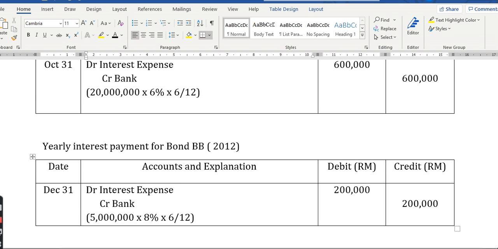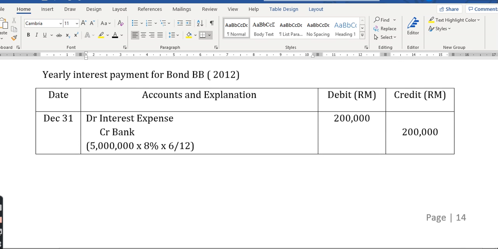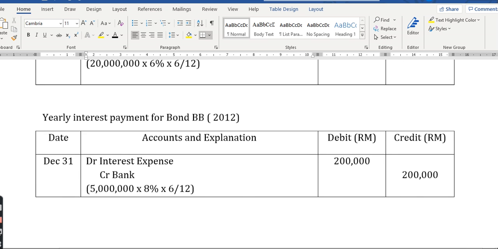The face value is 5 million, multiplied by 8%, and because it is only 6 months of the interest expense, you need to pay for 6 upon 12 only. So the amount of the interest for bond BB due on the 31st of December is 200,000. Okay, so this is how you record the interest payment.